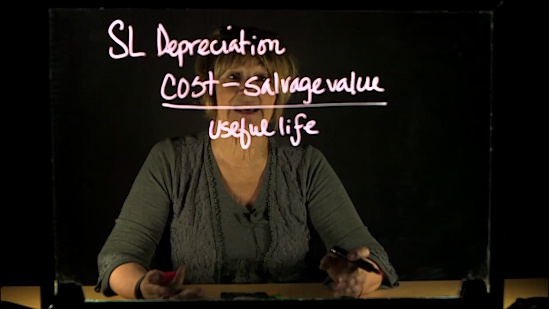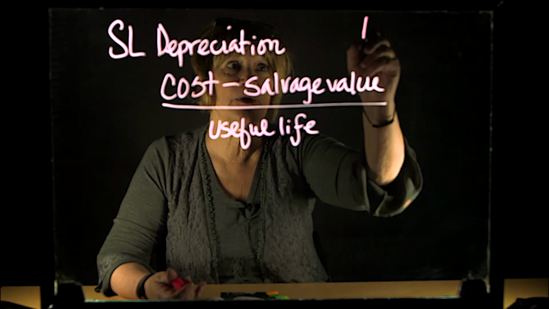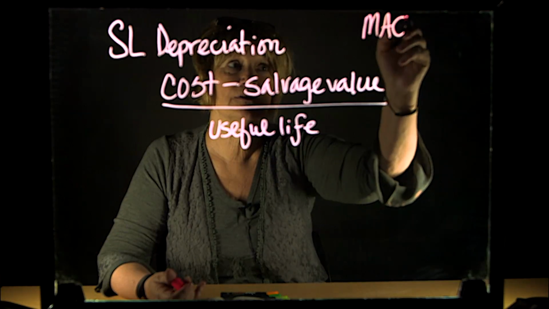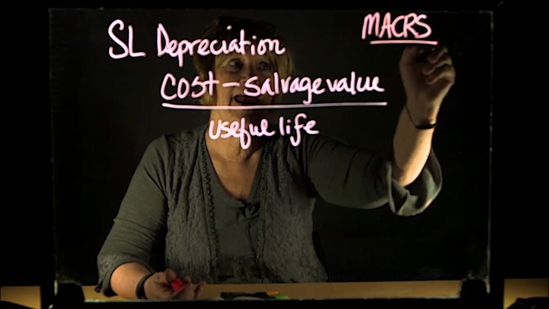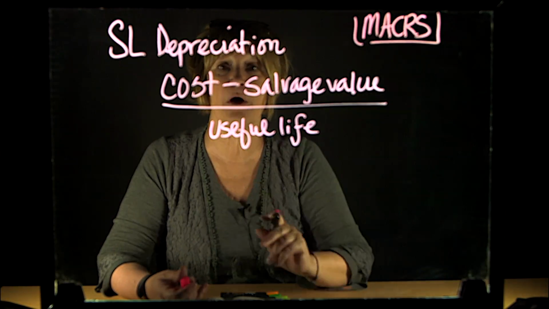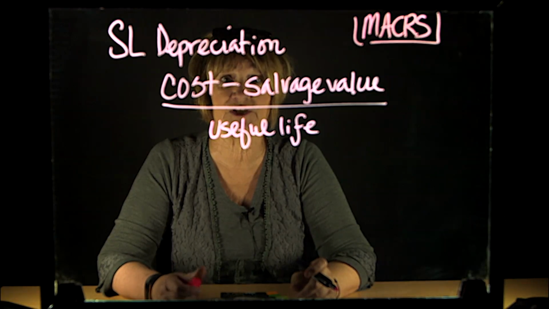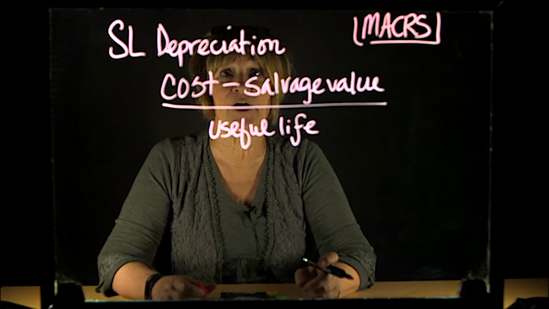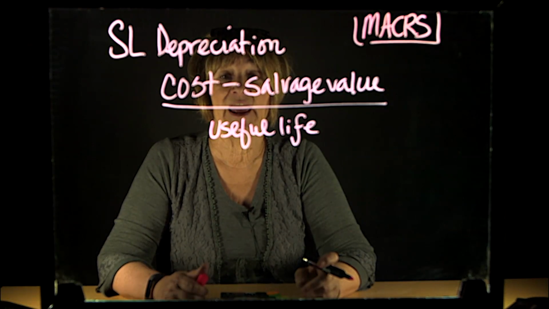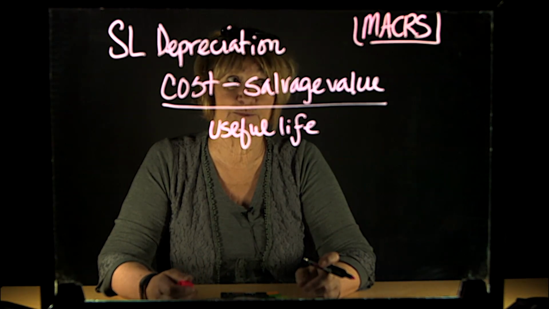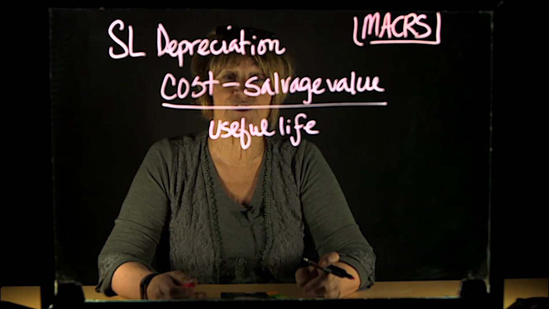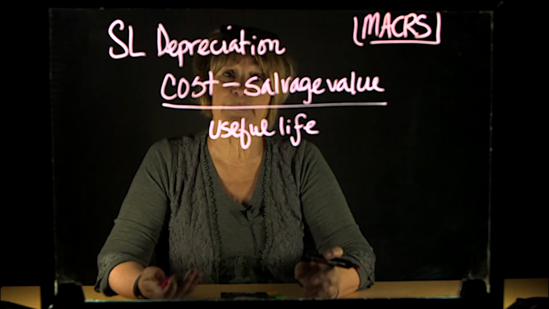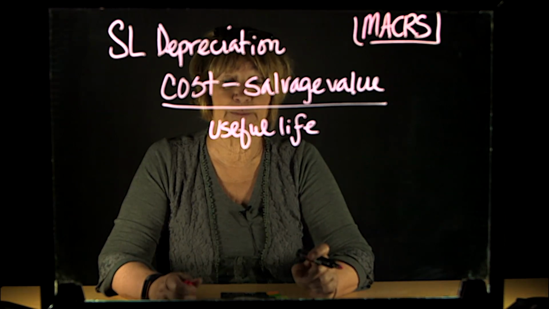The IRS has its own table for depreciation, and we call that MACRS. Some companies, when they're small, will just use the depreciation schedule that the IRS uses because it's easier. Other companies will have multiple means of depreciation. And so it all depends on your particular company.